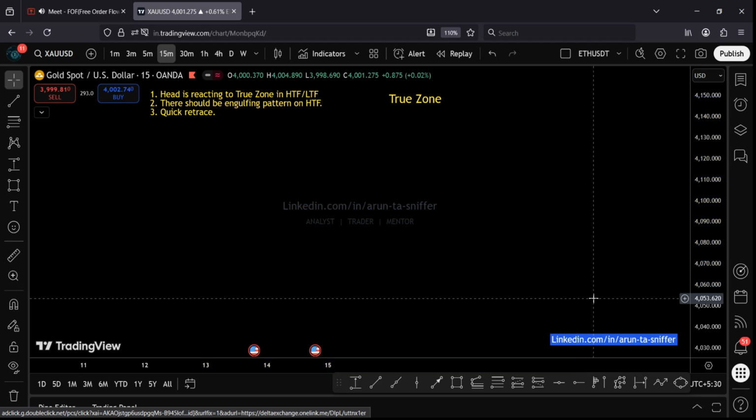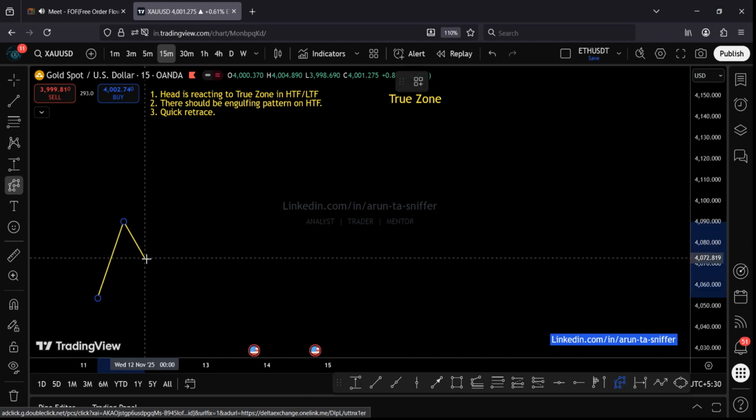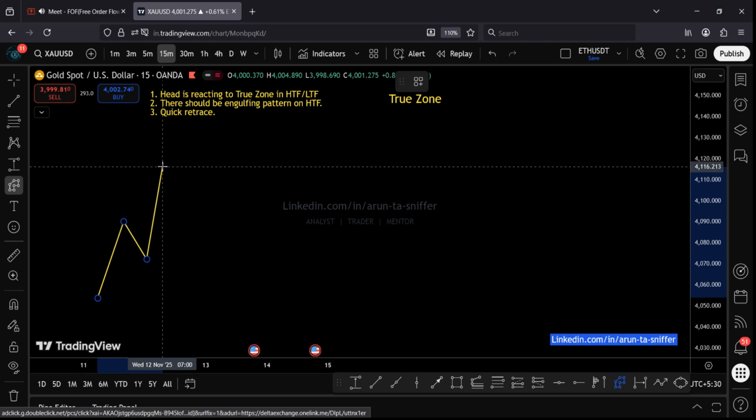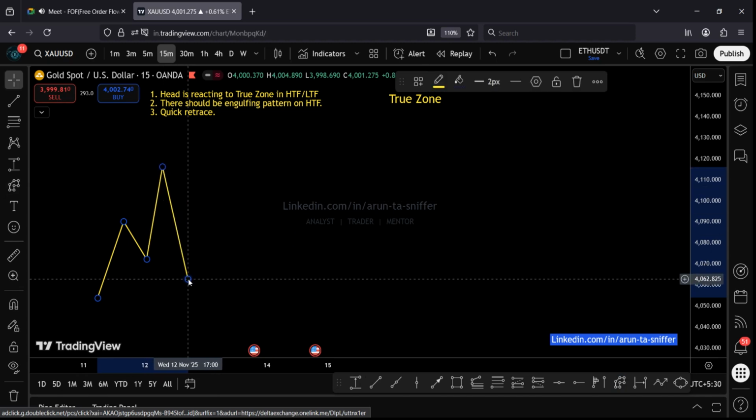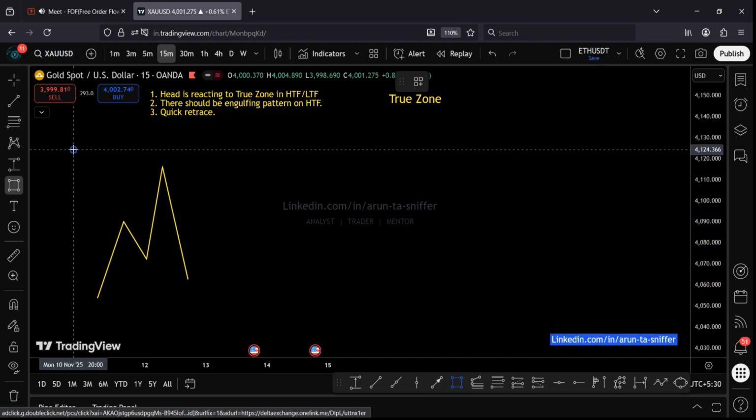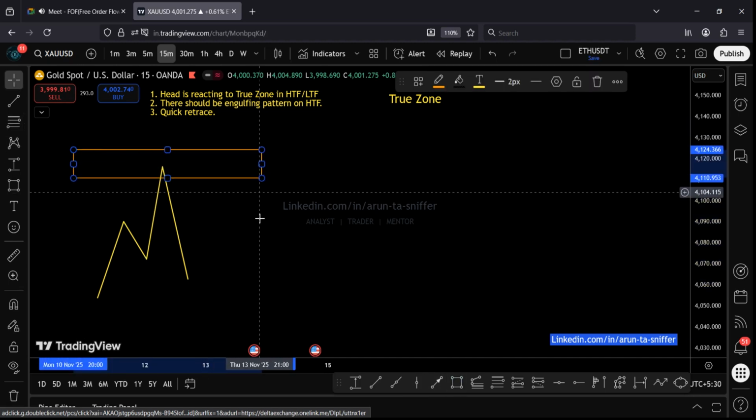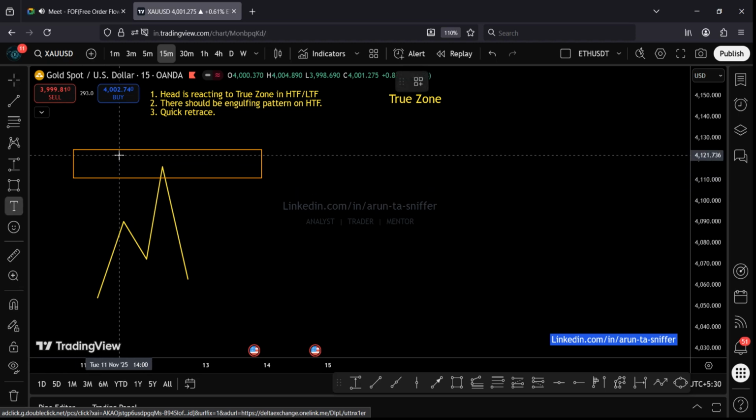Next true zone will be like this one. RSFL as high, low, higher high, lower low, right? Think like we have a true zone here. Price is reacting from the true zone. Okay.